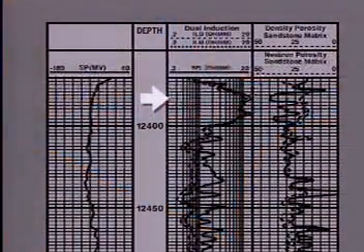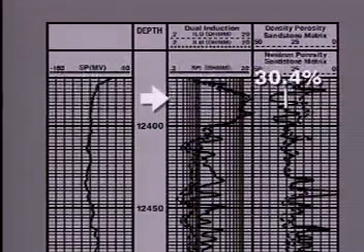The R sub WA in the resistive hydrocarbon-bearing zone at the top of the sand, here at 12,384 feet, is then calculated. We recall that earlier we calculated a porosity here of 30.4%, which is approximately midway between the neutron and density porosity readings.